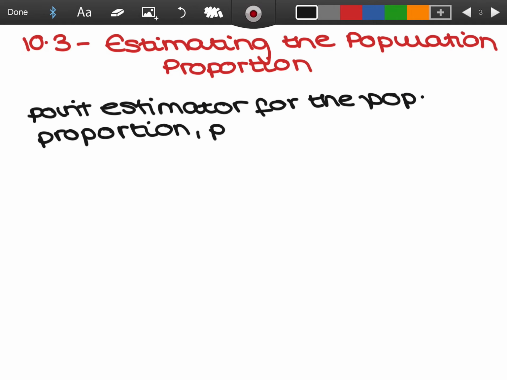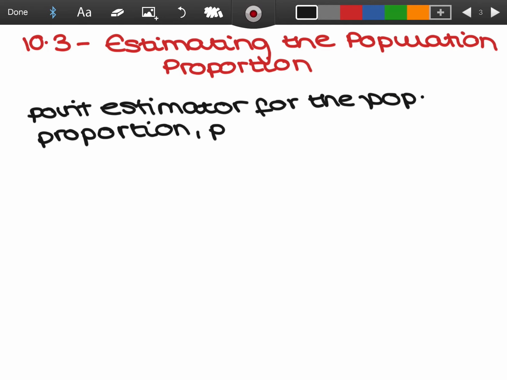A good point estimator, a good value that we can use to estimate our population proportion, is the sample proportion, where I have taken a representative sample and I look at what proportion of people or things in that sample have that certain characteristic that I am looking for.